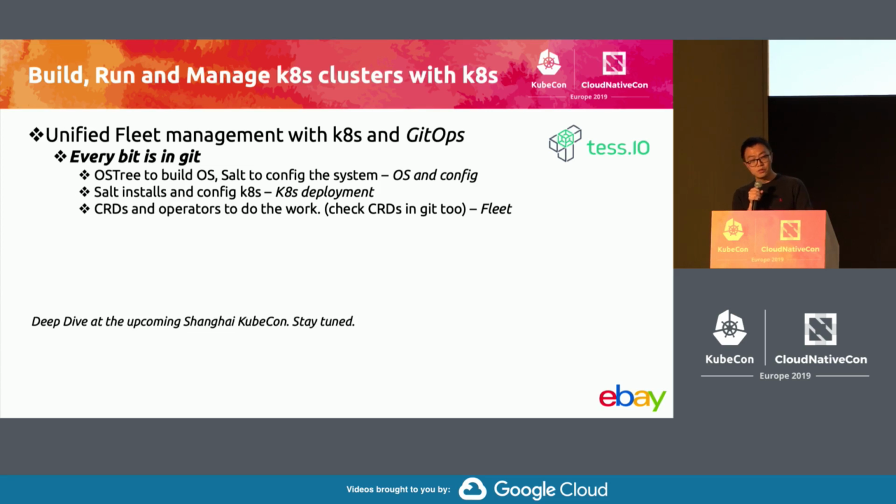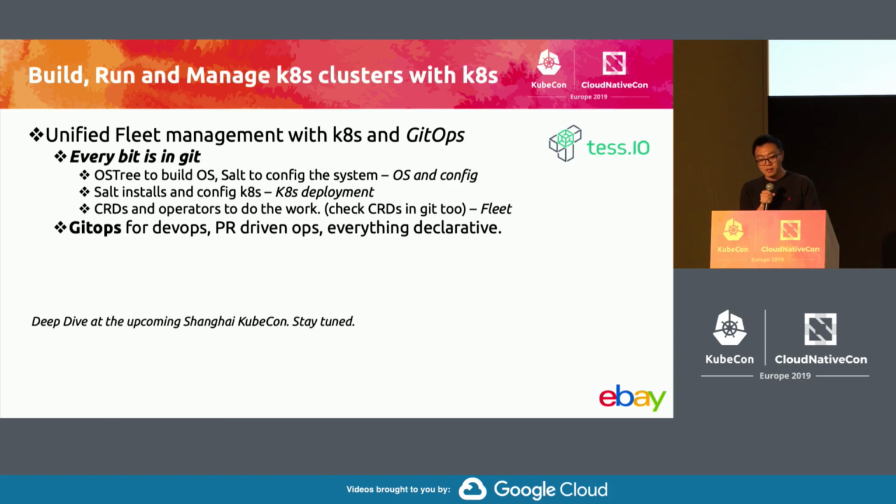And we use Salt to manage host config as well as to build Kubernetes. The Salt is in Git, and you can get a commit ID and build a cluster. And moving forward, you have Fleet, which does provisioning, setting up clusters, lifecycle management, and remediation, and those are all CRDs that you check into Git.